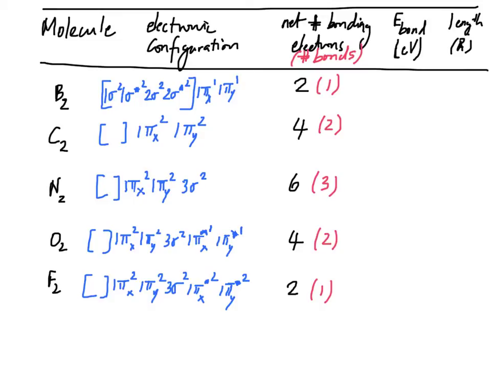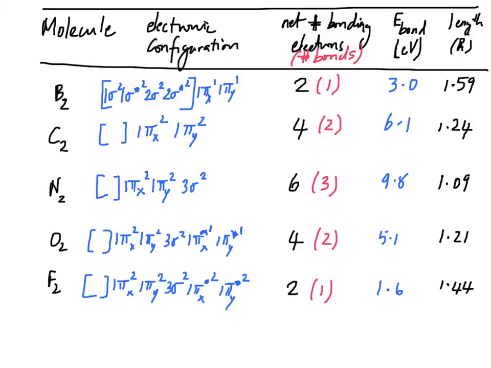And let me just write down the values of the bond energy for each of these 5 cases, and we will indeed see that N2 has the highest value of the bond energy, consistent with our notions. So there it is. You can see that N2 has the largest bond energy, and here are the bond lengths.